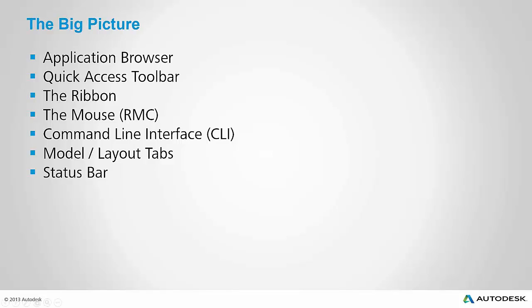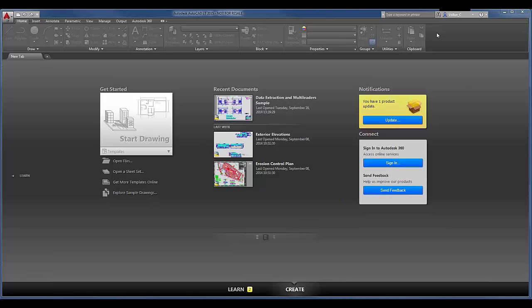So having said that, I'm going to go ahead and switch over to my AutoCAD, and we'll pretend I just launched this. Okay, so this is typically what we see, and this can be turned off, there are system variables for that.